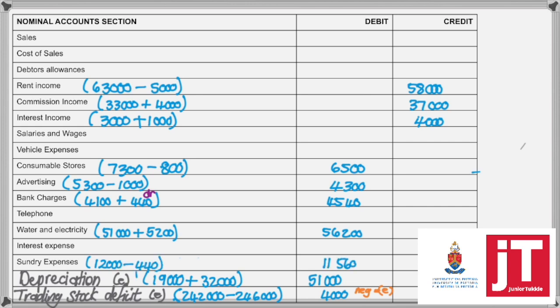So the debit is for bank charges and the credit is in sundry expenses. So I minus it off sundry expenses and add it into bank charges because it's not a sundry expense, it should be bank charges. So I'm just moving it to the correct place. So minusing it off sundry expenses, adding it to bank charges.